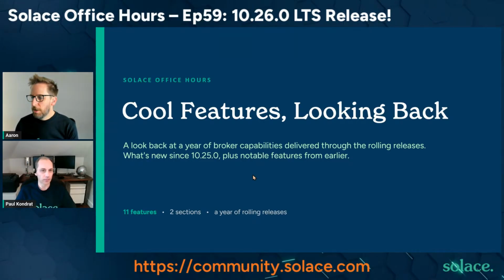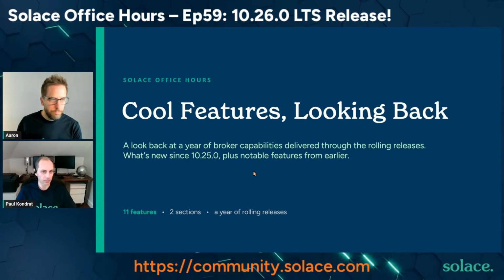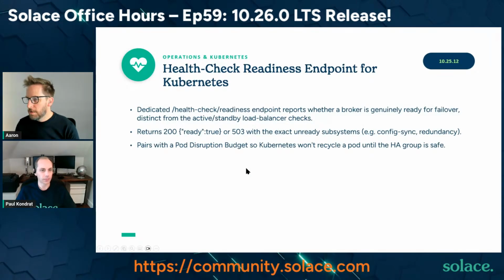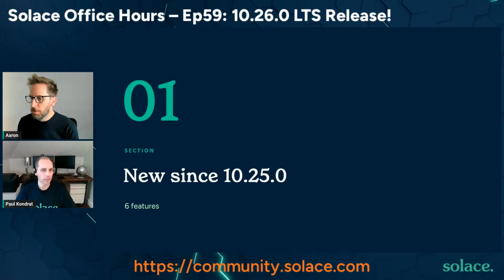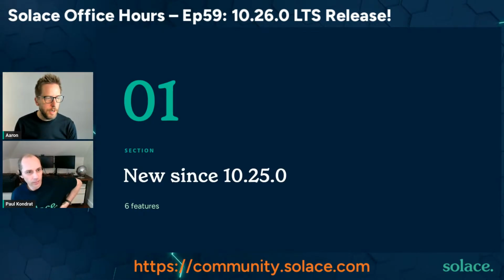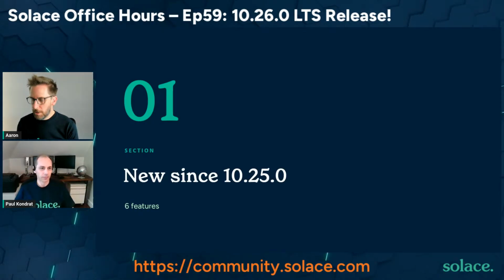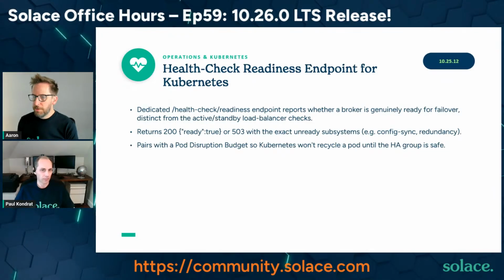So, all right, let's get into it. New since 10.20. 10.25.0 came out last June. This is our LTS schedule. And we're going to take a look at things that have come out since then.